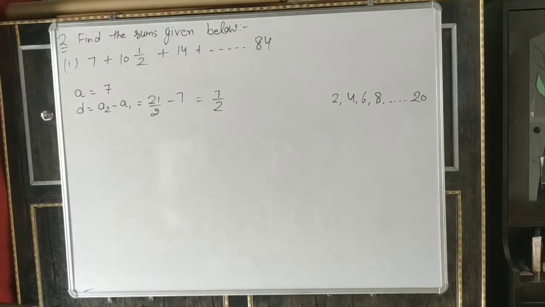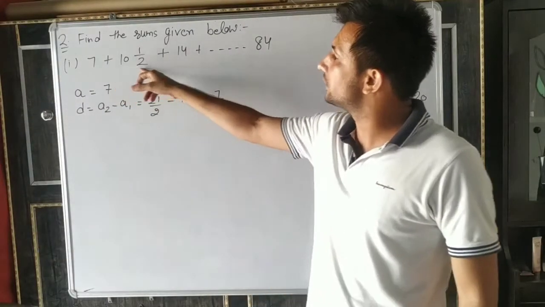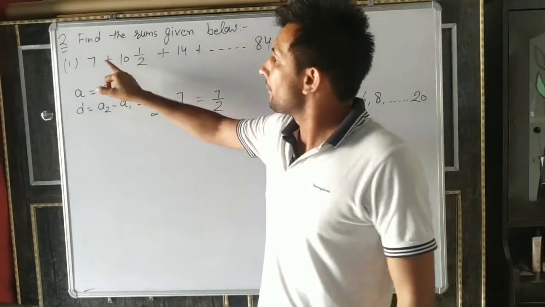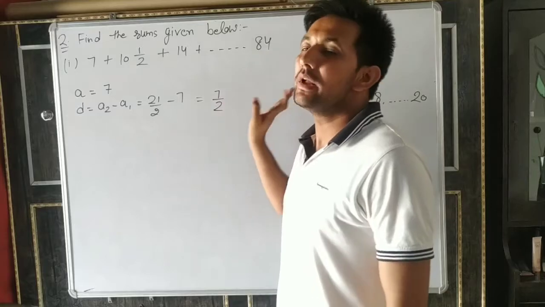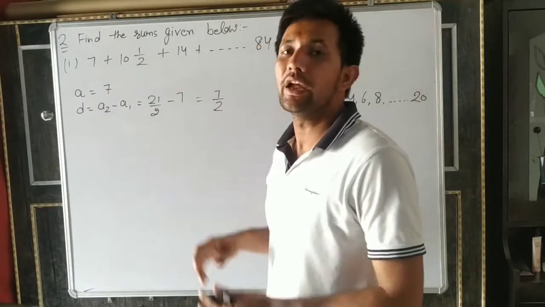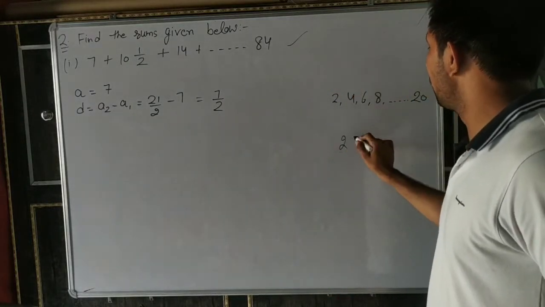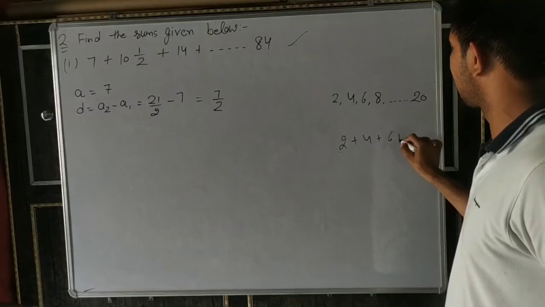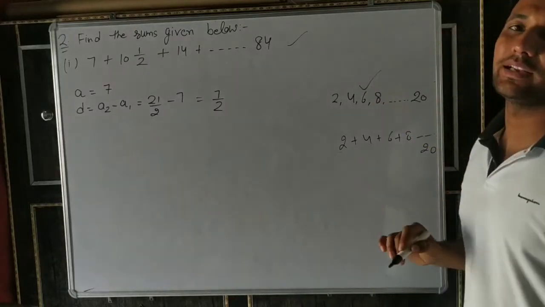Now dear, look at question number 2. Find the sum of the AP given below: 7 plus 10 and 1 upon 2 plus 14 plus dot dot dot. Now some students are asking, sir, why is it given with plus signs like this? It means we have to find the sum of this AP. It is like 2 plus 4 plus 6 plus 8 dot dot dot up to 20; we have to find the sum of this AP.